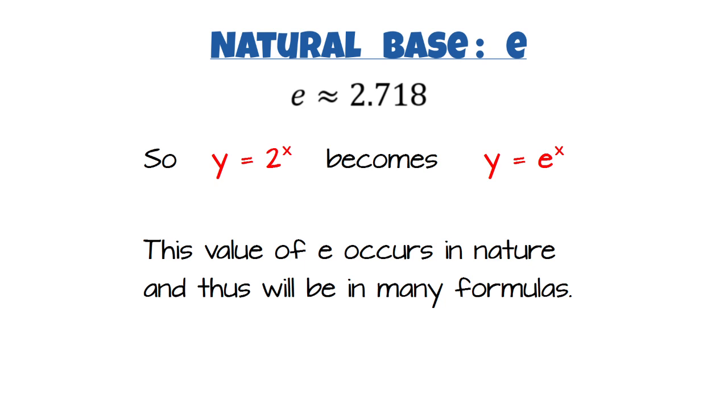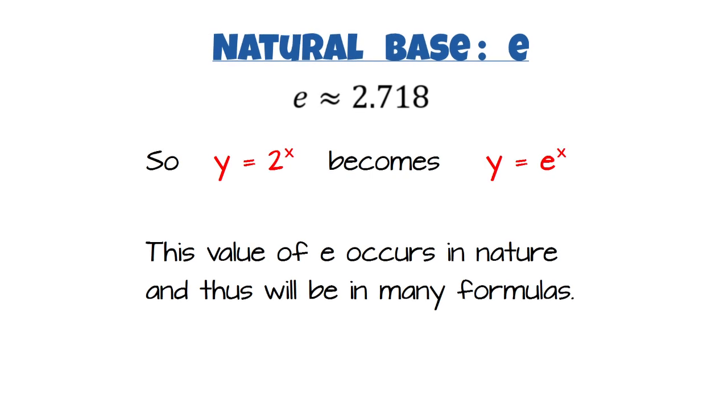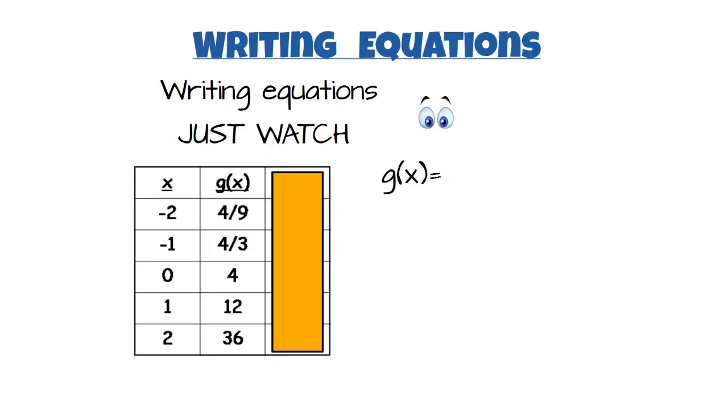So when you think of an exponential that looks like this, if you're using the natural base instead of the base 2, it would look like this. The reason that we deal with e is because it does occur in nature a lot, and so we have it in a lot of formulas. It is a button on your calculator. It's over on the left. You'd hit second ln to get that e to the x.